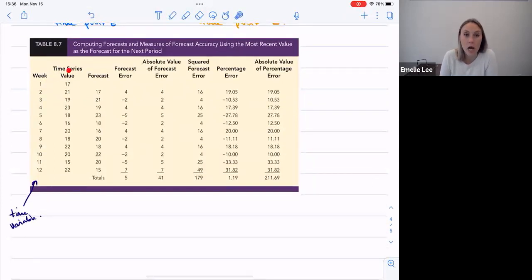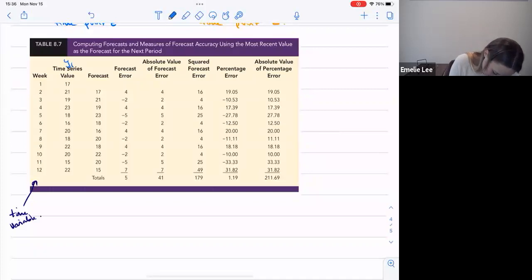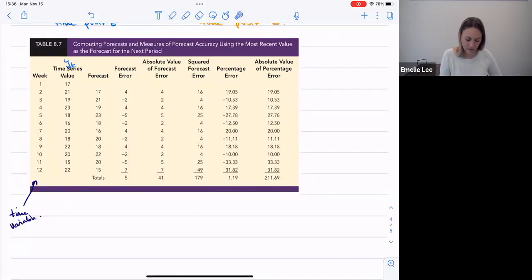This is your Y, so this is your Y subscript T. That's the actual outcome at that time point T. Y1 is 17, Y2 is 21, Y3 is 19, et cetera.